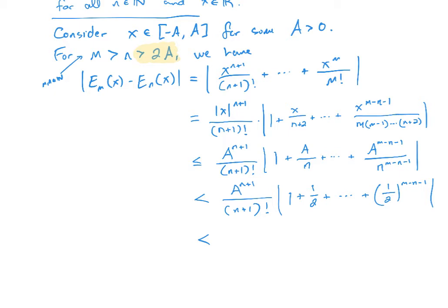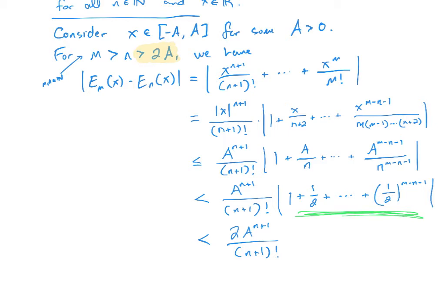Okay. And now, what is the sum? What is a bound we could use on that? 2. Mm-hmm. Good. 2. So this is less than 2. In fact, it's a strict bound, right? There we go.